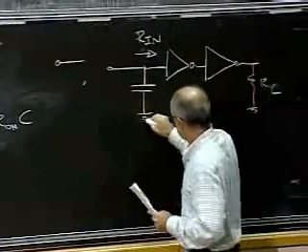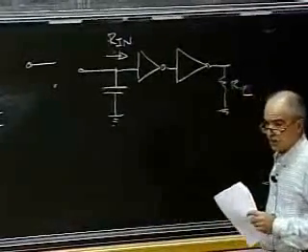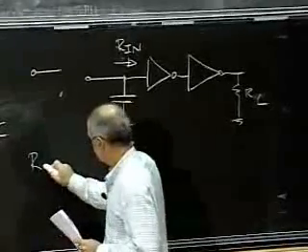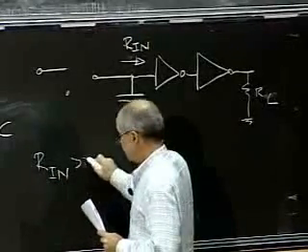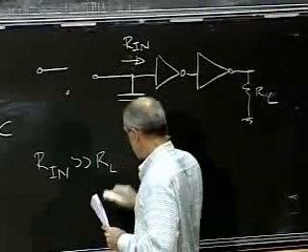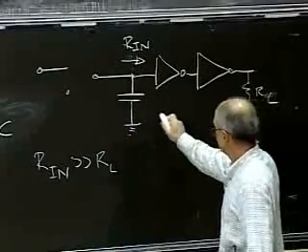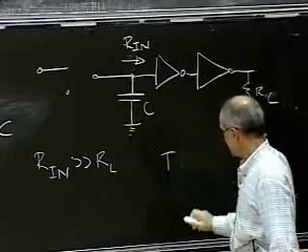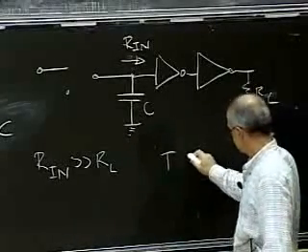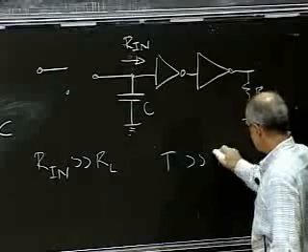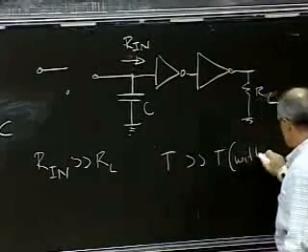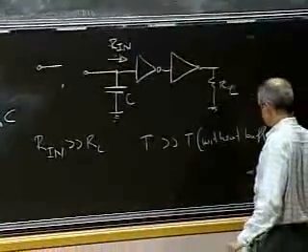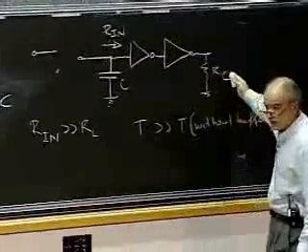Now, this is better because if Rin is much larger than RL, then the time t, in this case, is much larger than the case without buffer. Okay, so we buffer the effect of the L.